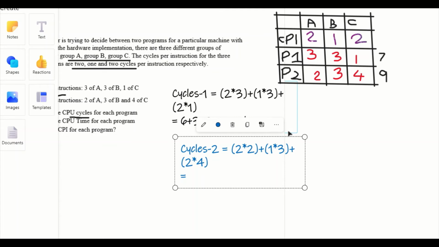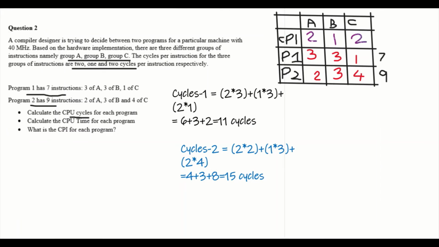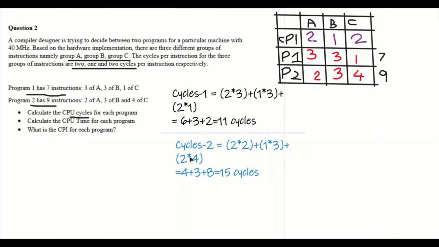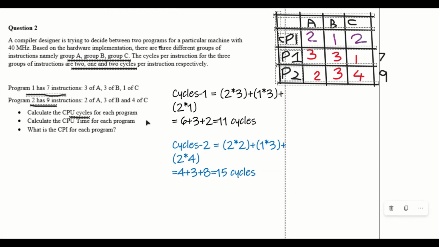Let's multiply. 2 2s are 4, 1 3 is 3, 2 4s are 8, which is equivalent to 15 cycles. So we calculated the clock cycles for program 1 and program 2.